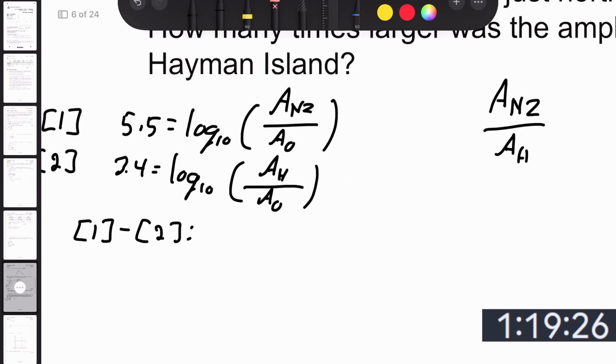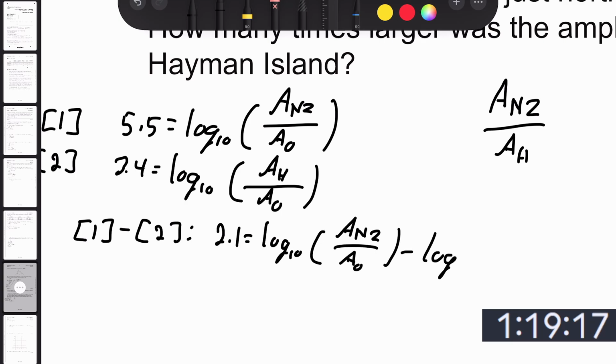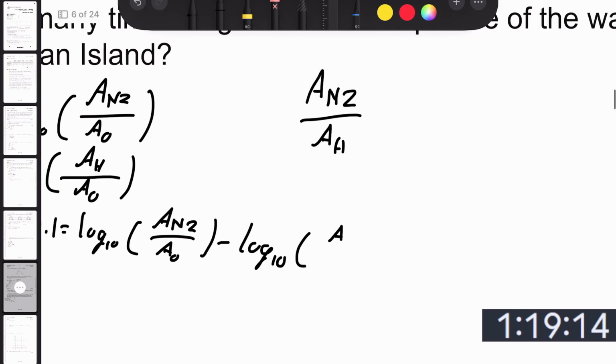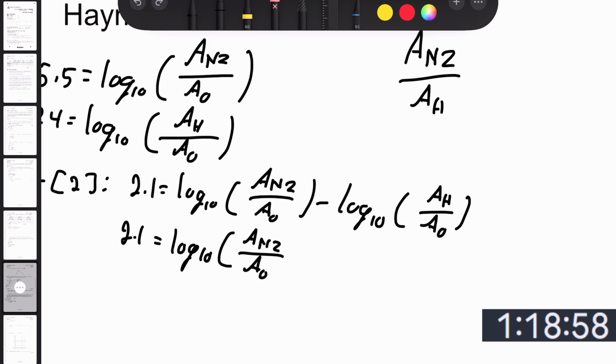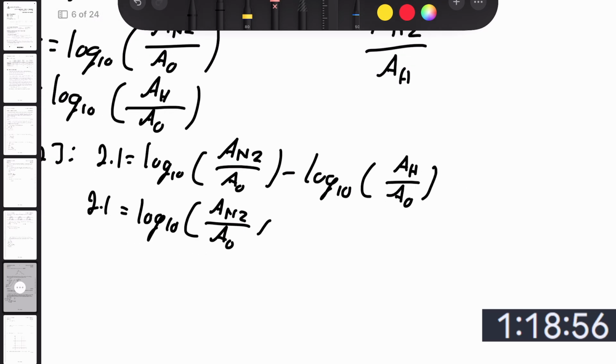So 5.5 minus 3.4, 2.1, is going to be equal to log 10 ANZ over A0 minus log 10 of AH over A0. So when I get this minus here, I'm gonna divide by AH over A0. When I divide by a fraction, I want to flip the fraction and multiply.